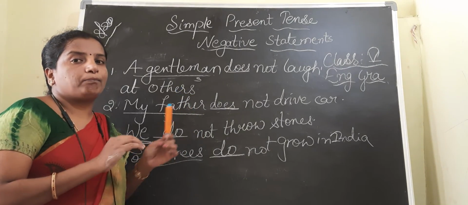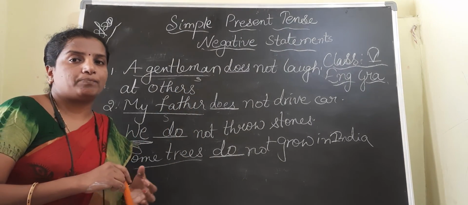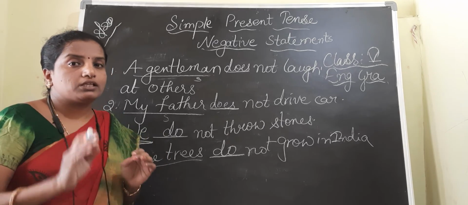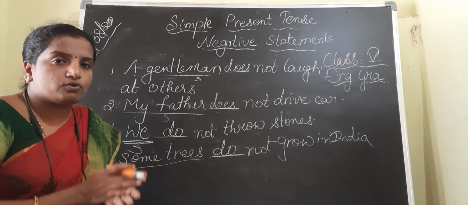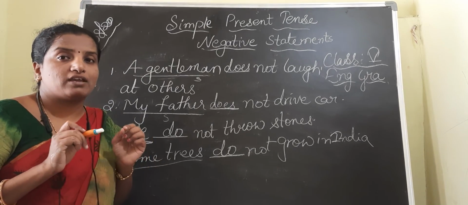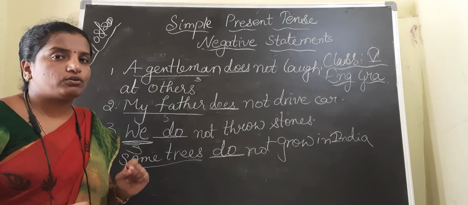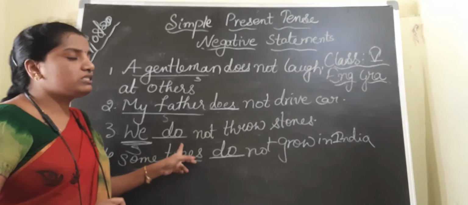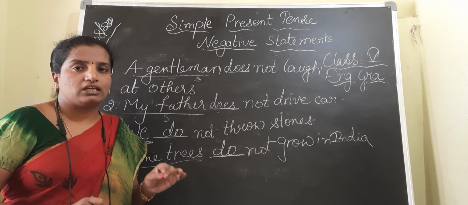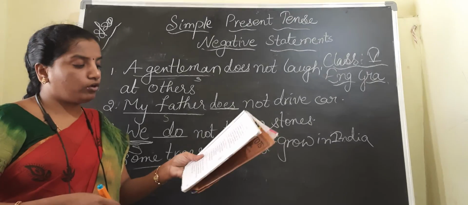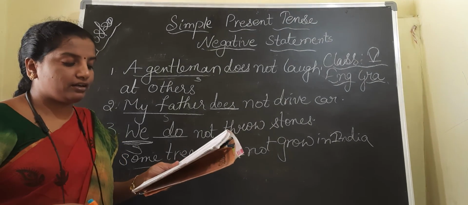Today we have completed our topic, children: simple present tense negative statements. Here two things are very important. Whenever you are using do or does in the statement, use only V1. And one more, you can use short form negatives instead of do not and does not. If you have the textbook, you can practice Roman number 3 given to you.